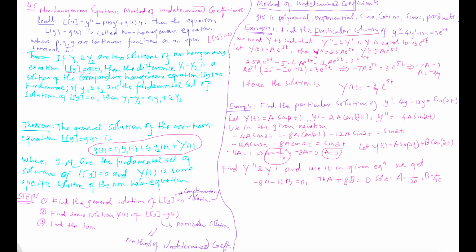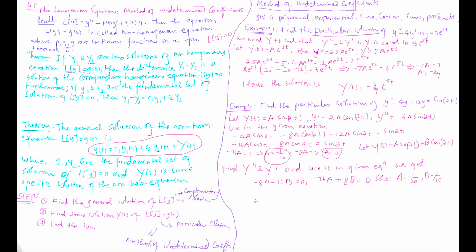Then find the first derivative and second derivative, and equate the left side and the right side, and you will get two equations. If you solve them, you will get a equals negative 1 over 20, b equals 1 over 40. I leave this work for you, because this is just straightforward.